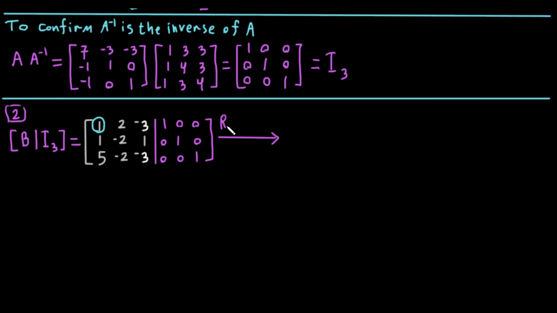So row 2, 1 minus 1, so row 2 minus row 1 in row 2, and the third row it has to be minus 5 times row 1 in row 3. I will speed it up to write this row here.